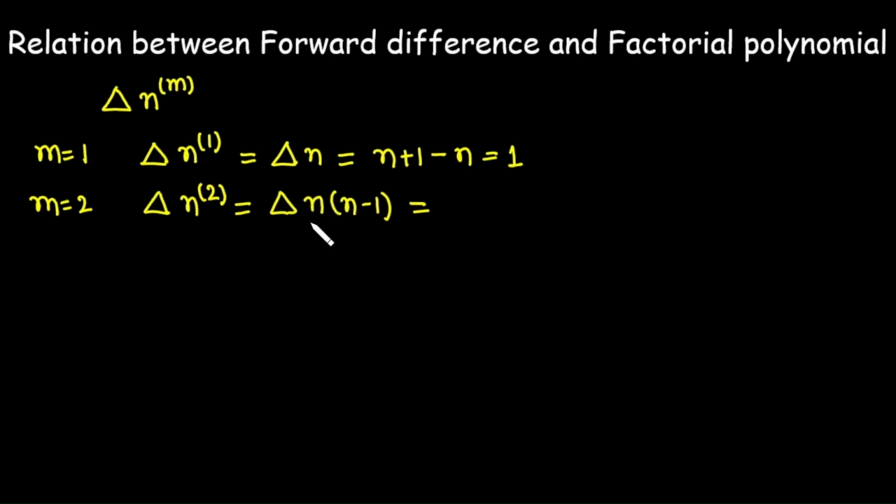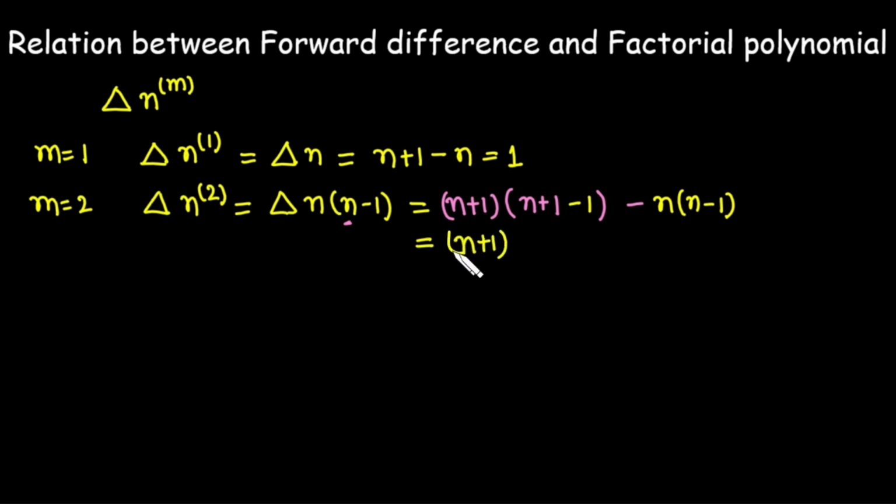Next step means replace n with n plus 1, and even in this case replace n with n plus 1, and this minus as it is, minus from the current position, that is n into n minus 1. This is equal to n plus 1 into n minus n into n minus 1.